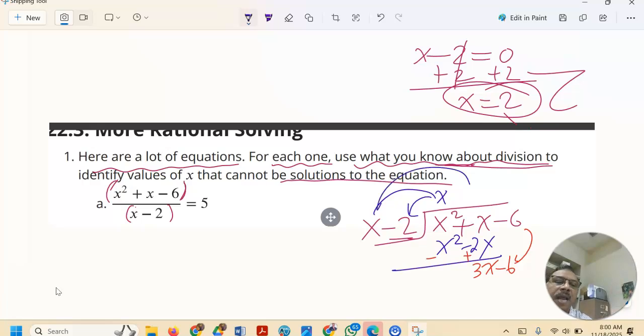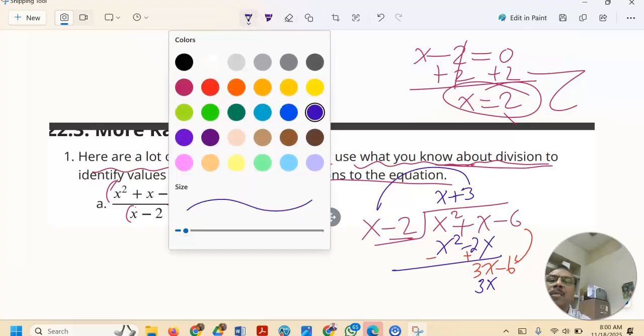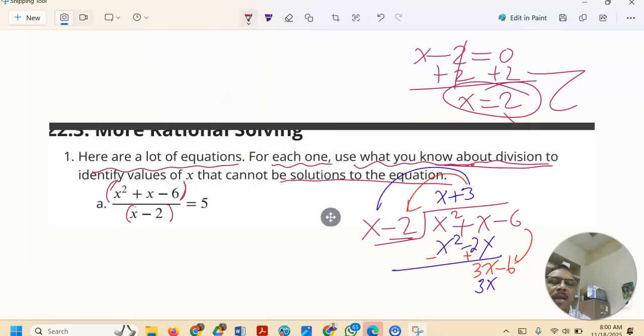And then again x times 3 is 3x, okay? And then again 3 times this 3 back multiplied here, we get minus 6. So when you subtract, you switch the signs, minus and plus, we get 0, see?